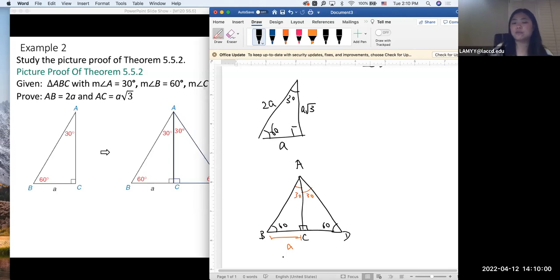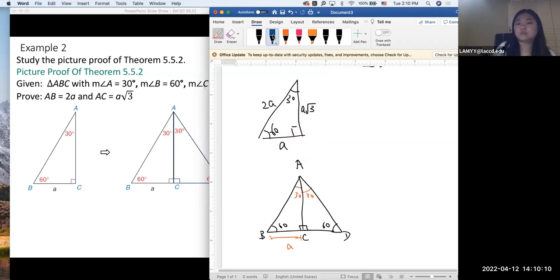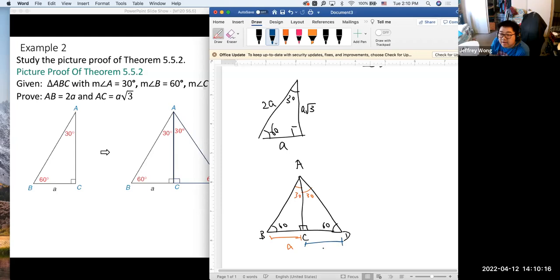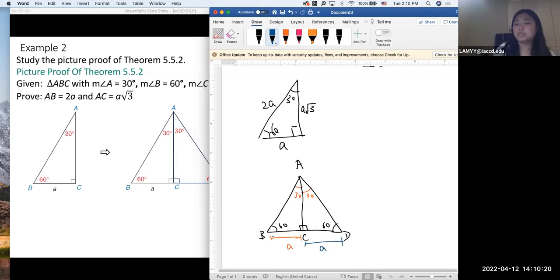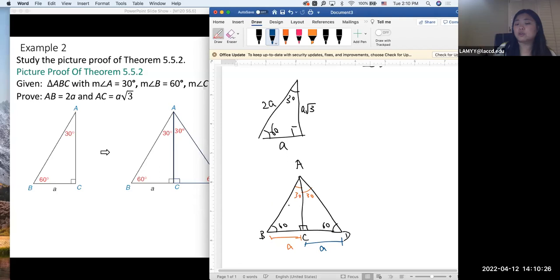So meaning that first, if BC is equal to A, what is the length of CD? What is this length here? It's the same as A, right? So the total length BD here is going to be 2A. And we know this is equilateral, so they have congruent sides.